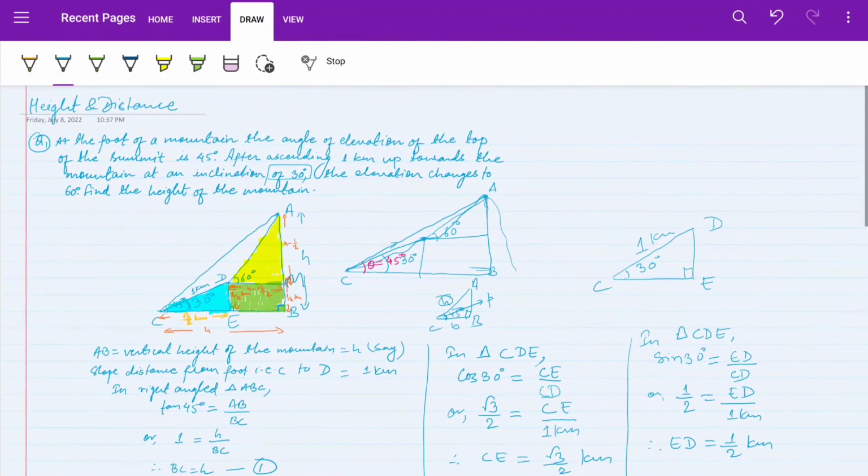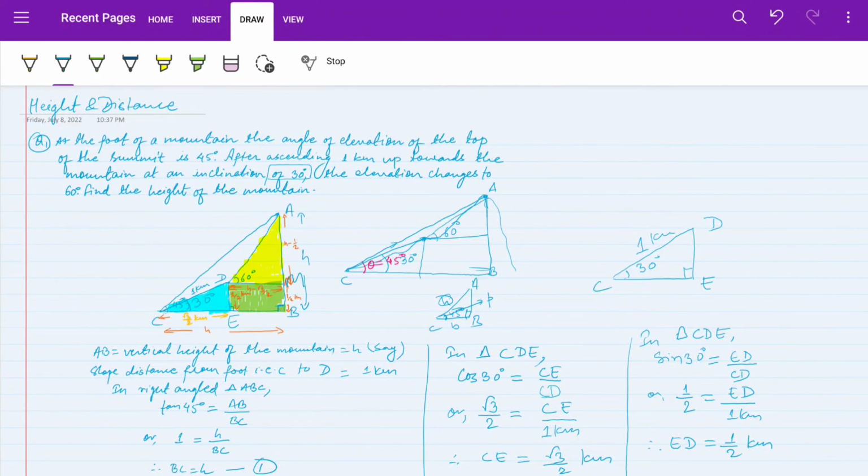So this is how we use the concept of elevation and depression angle and the concept of trigonometry, different trigonometric ratios here, and the idea of right angle triangle. Different principles, like Pythagoras. Sometimes we may have to use Pythagoras theorem as well. So this is how we use our concept to solve the problems.